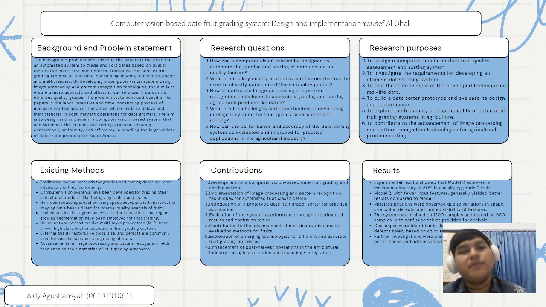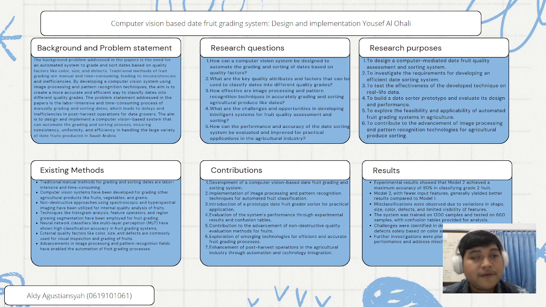It's going to be Computer Vision Based Date Fruit Grading System: Design and Implementation, Yousef Al-Ohali. Background problem statement. The background problem addressed in the paper is the need for an automated system to grade and sort dates based on quality factors like color, size, and defects.